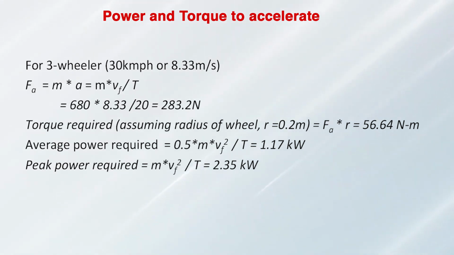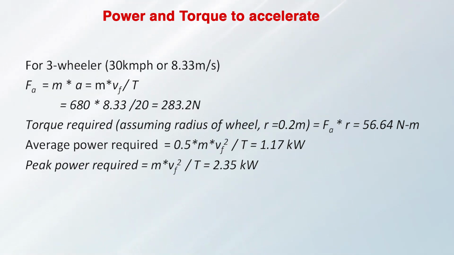So, what is the inference? It is the mass which is also affecting the peak power. The peak power required or the average power required differs when the mass of the body is different. That was what I was trying to tell you with the example of a vehicle with 60 kg mass.